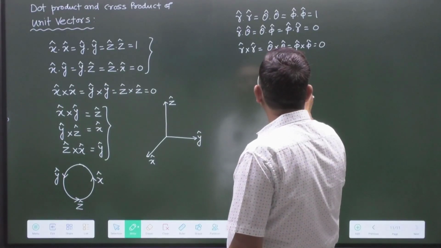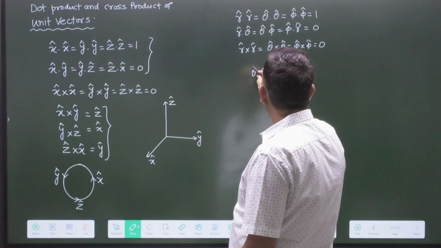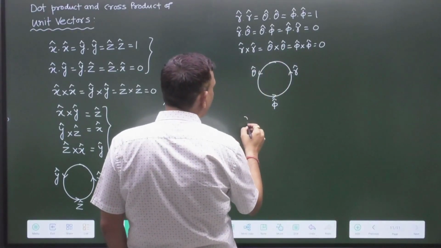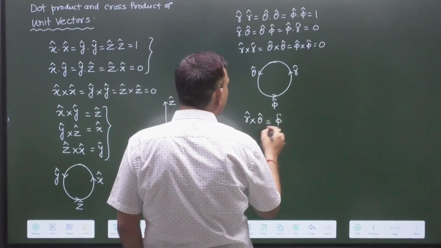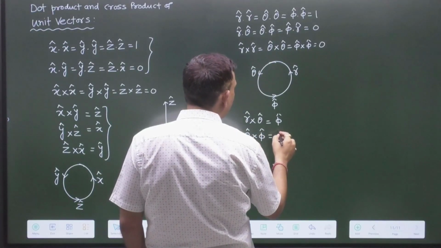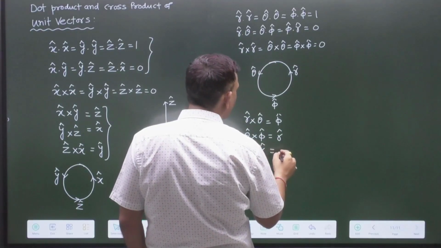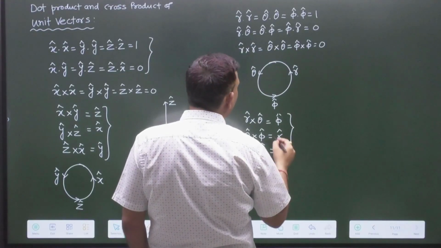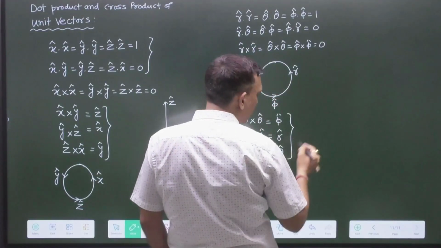And again you can use the right hand rule: r cap cross theta cap is phi cap, theta cap cross phi cap is r cap, and phi cap cross r cap is theta cap.